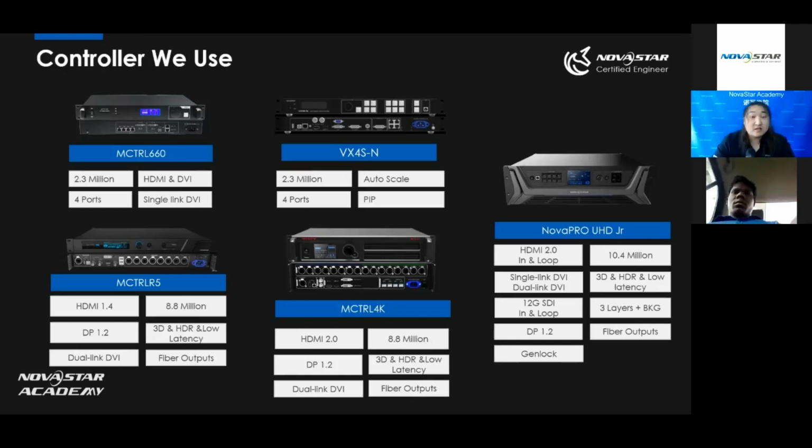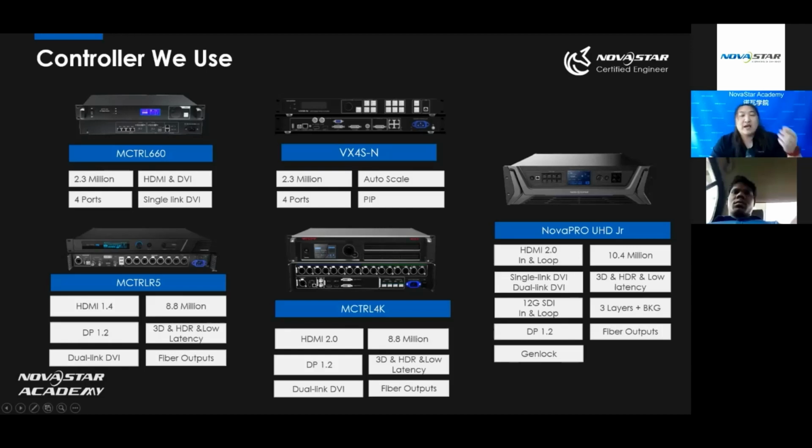Let's say the latest product from NovaStar, and also this page's last one, Nova Pro UHD Junior. This is an all-in-one controller that integrates the video processing functions. First, it has HDMI 2.0 and the loop.